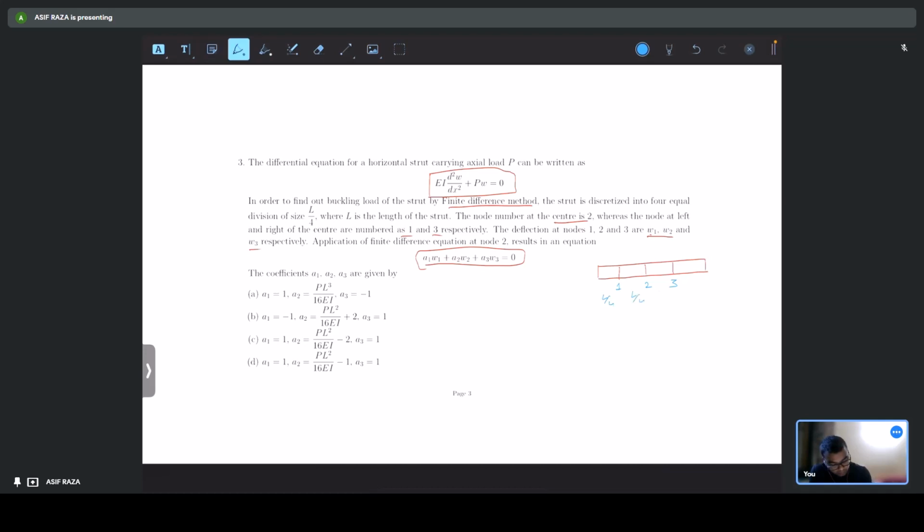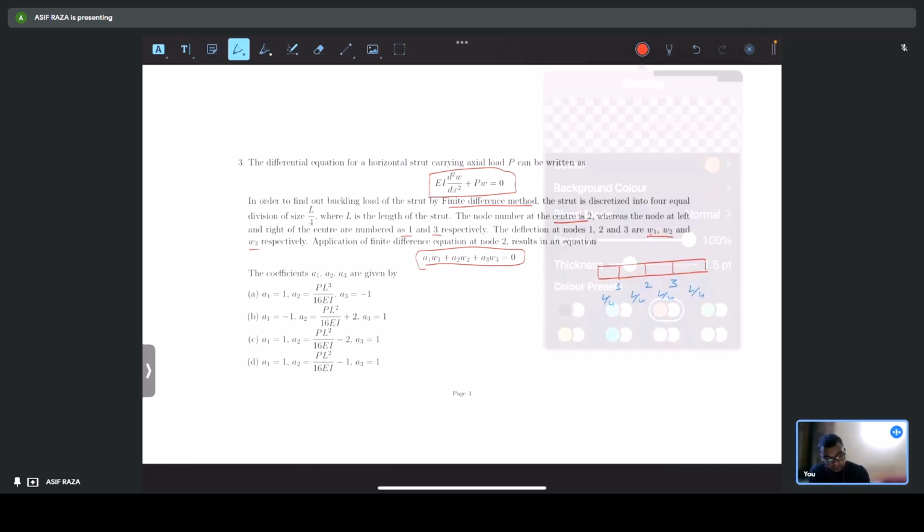Now this can be simplified as d square w by dx square plus P by EI w equal to 0.